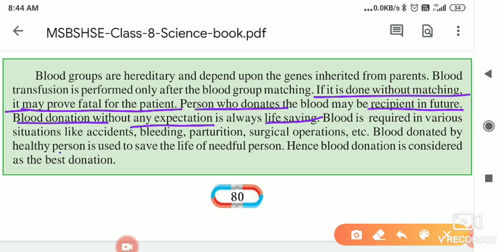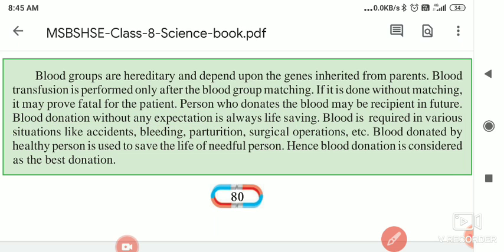It is life saving. Blood is required in various situations. Which are those situations? Accidents, bleeding, parturition, surgical operations. Blood is necessary for the patient in these. Blood donated by a healthy person is used to save the life of a needy person.